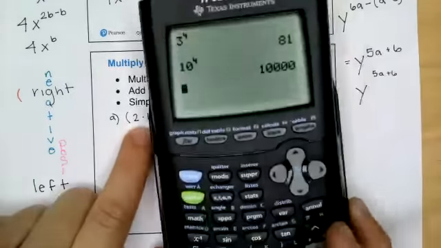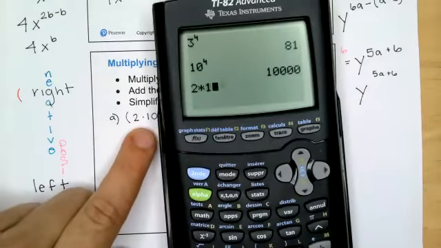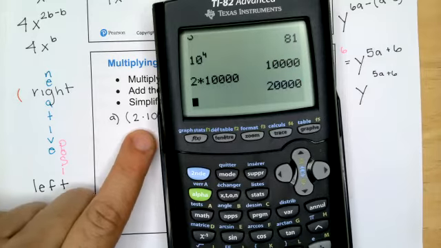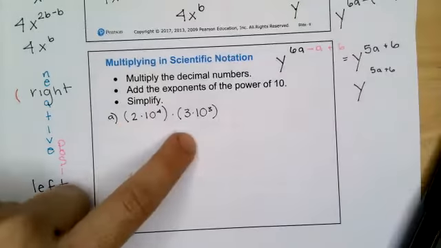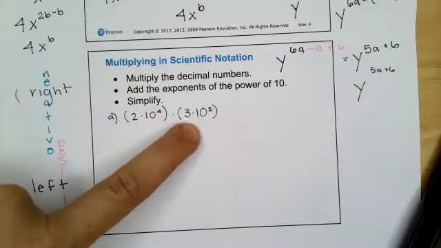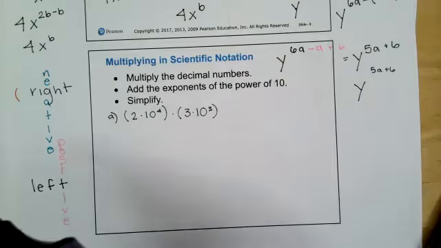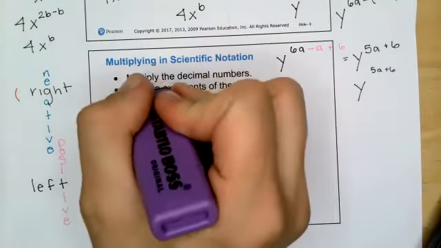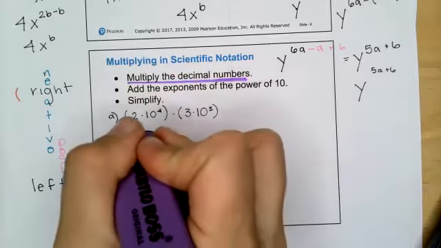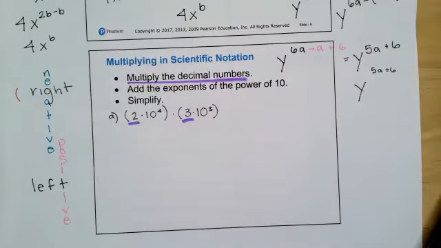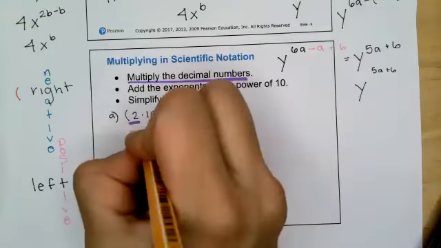So we're multiplying 2 by 10,000 and get 20,000, and we're saying 20,000 times 3,000. It says multiply the decimal numbers. That's the 2 and the 3. So 2 times 3 becomes 6.